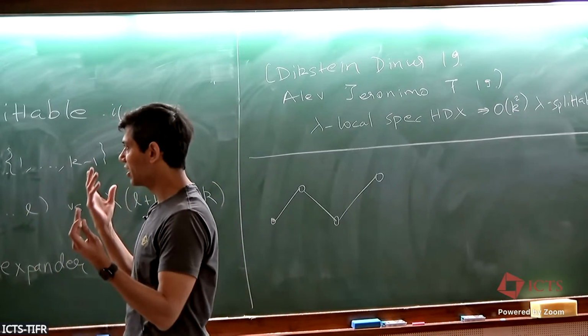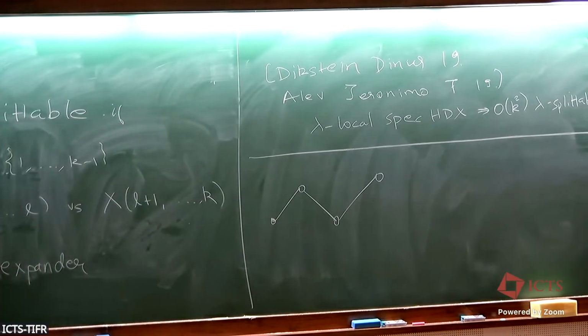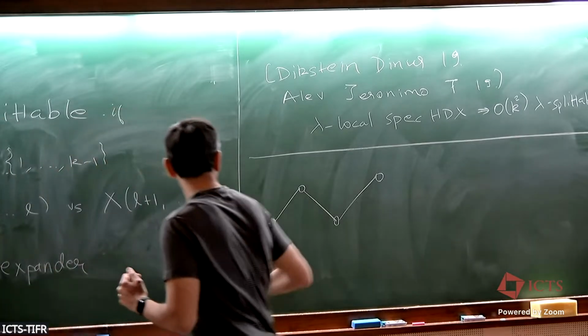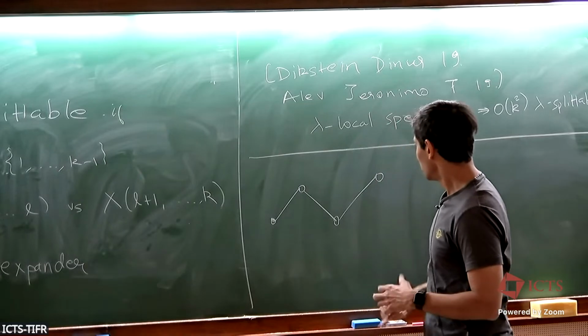I think of this as a hyperedge. So I put one copy of vertices, another copy of all the vertices, and so on, and I connect them if they are together in some walk, right? So I can think of this as a complex, the expander walks complex. We talked about it, right? Okay, and I claim this is splittable.